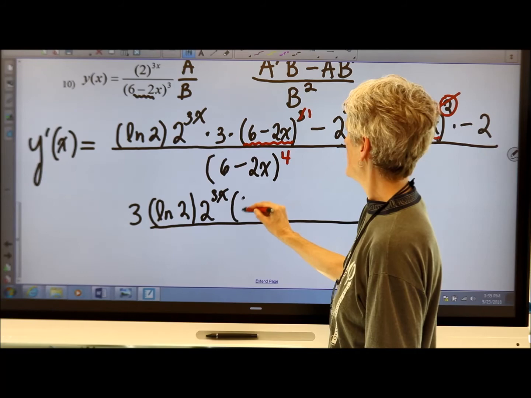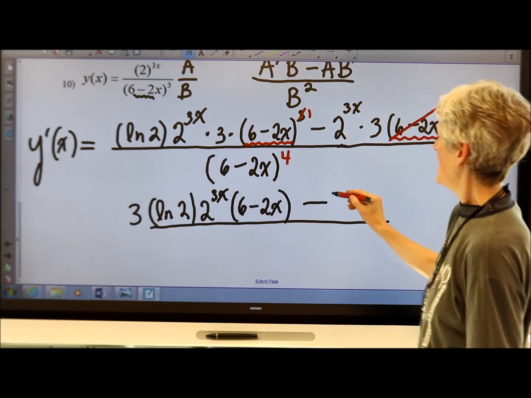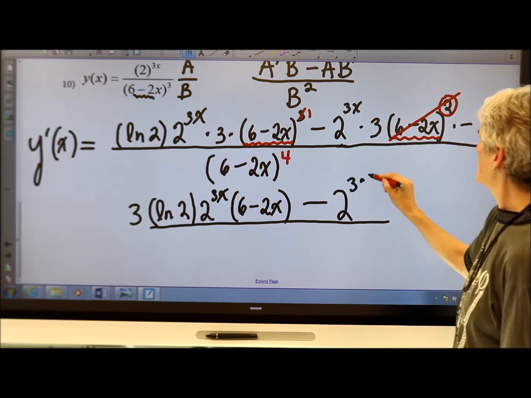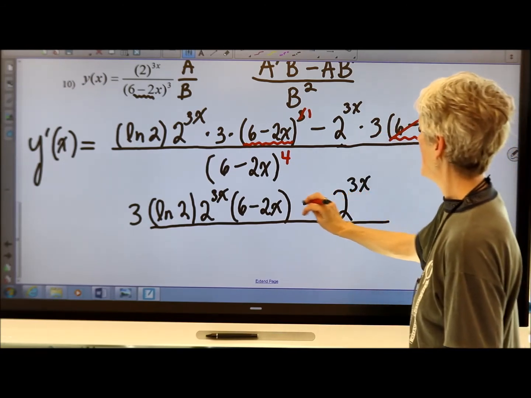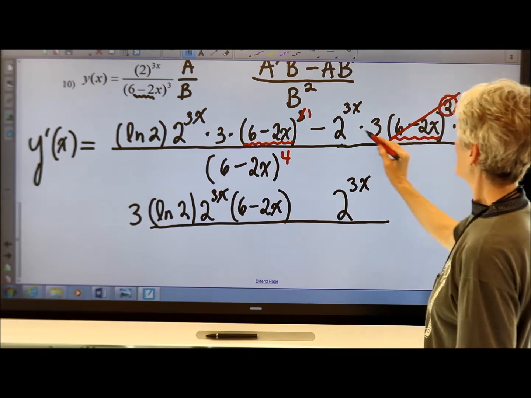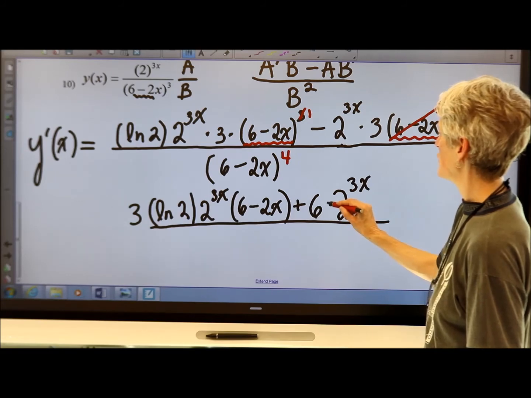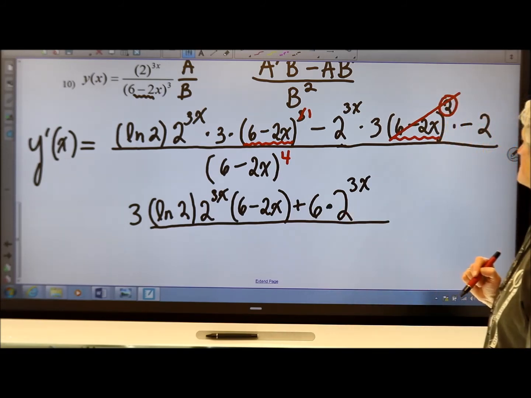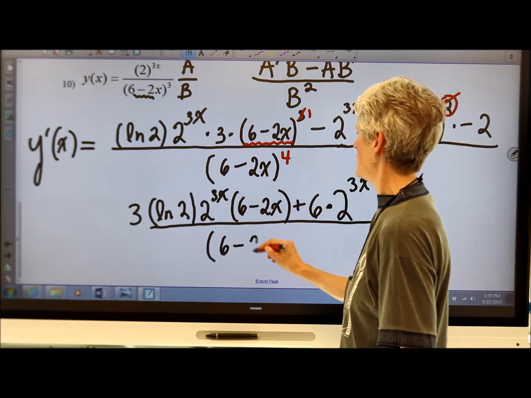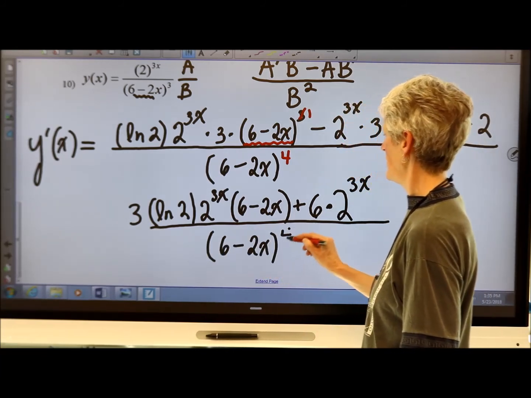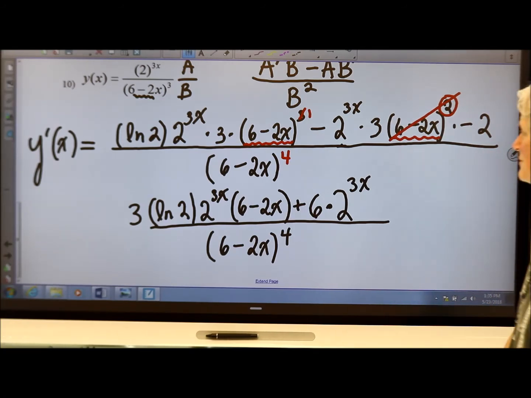I have 1 of those, 6 minus 2x, minus, I have a 2 to the 3x. 3 times negative 2 is going to give me a negative 6 times a negative, so I'm going to put the positive 6 as my little coefficient there, all over 6 minus 2x to the 4th. This would be considered fully simplified.